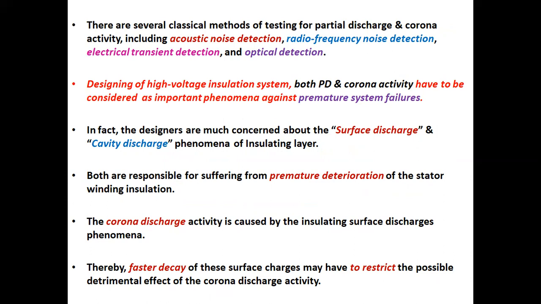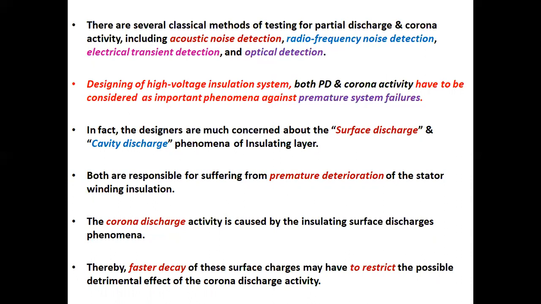In designing a high voltage insulation system, both partial discharge and corona activity have to be considered as important phenomena against premature system failures. In fact, designers are much concerned about the surface discharge and cavity discharge phenomena of the insulating layer.